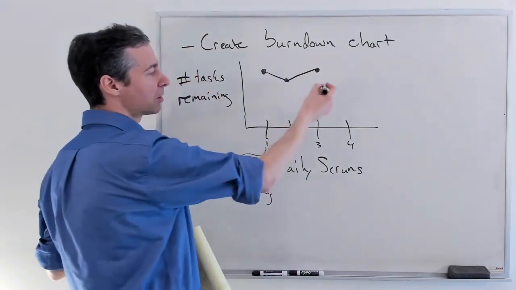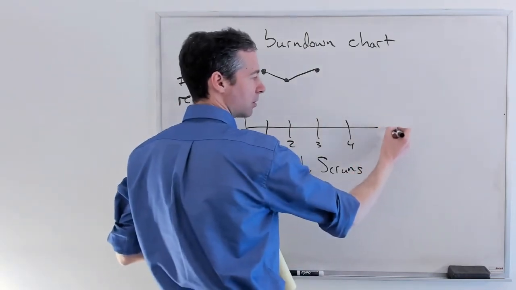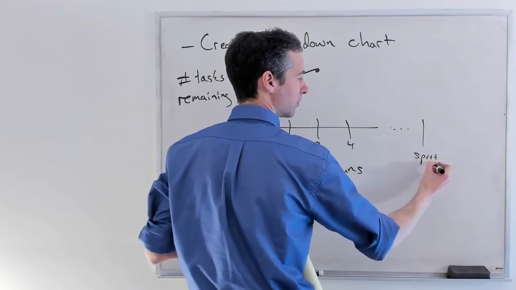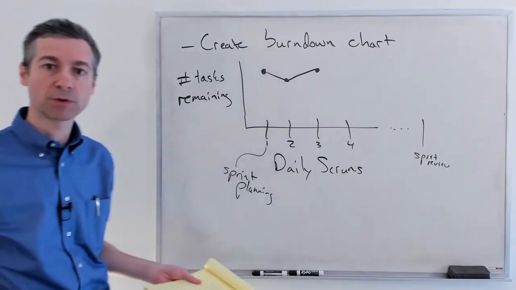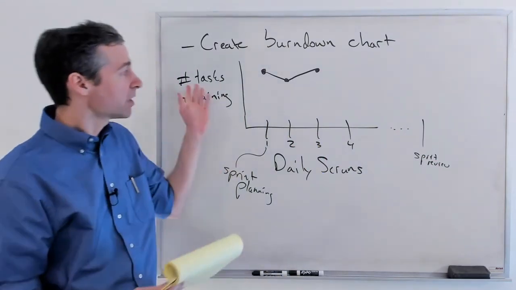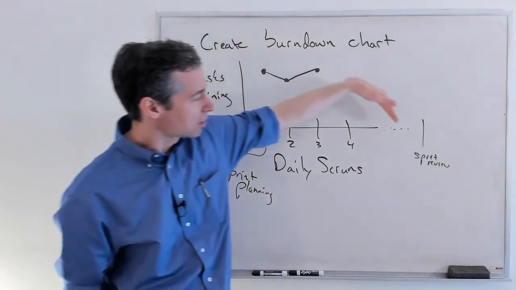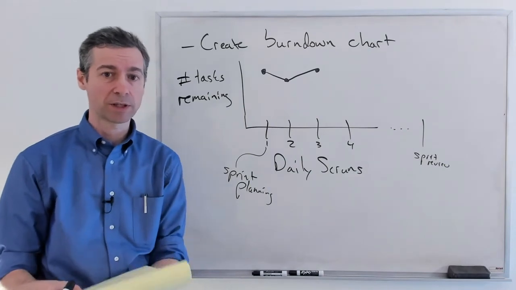Your goal is, of course, that you want things to be going down such that at some point out here where there's a sprint review, your goal is that you've reached 0 tasks remaining in the sprint. The burn down chart lets you see how quickly and are you actually going to probably hit your target? Because again, you're committed to trying to get all this done by the end of the sprint.